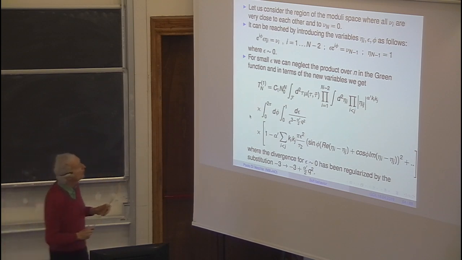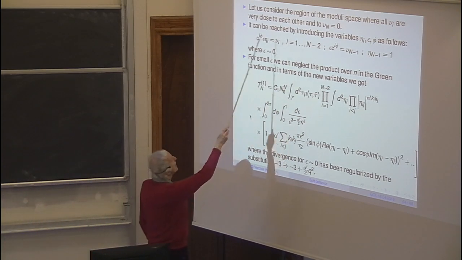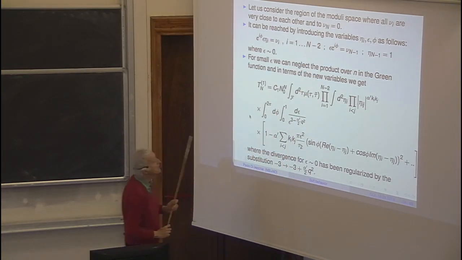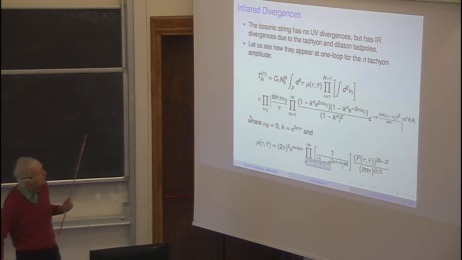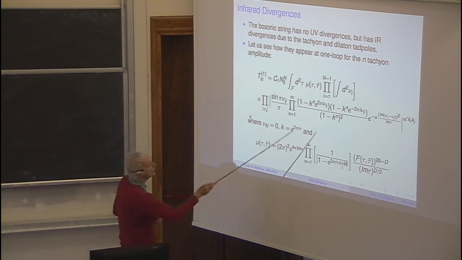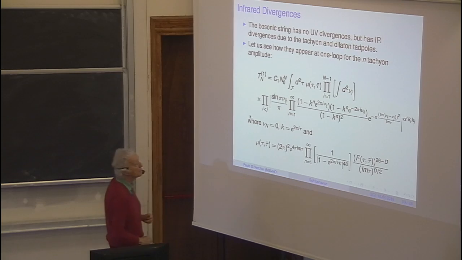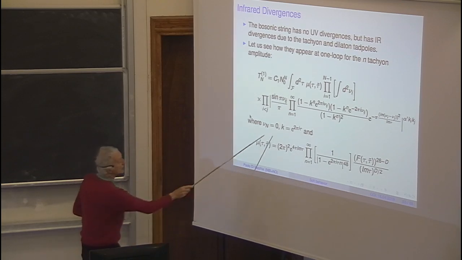You consider the region of moduli space where all the nu are close to each other, and nu n is 0. You see, in the previous expression, you integrate from 1 to n minus 1, and you fix nu n at 0.